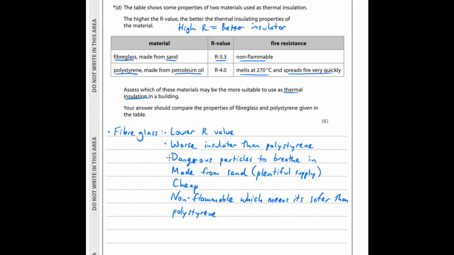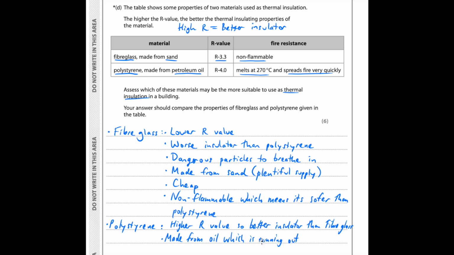So 1, 2, 3, 4, 5, 6, 7. So we've said 6 things. Now let's say some stuff about polystyrene just in case. So it's got a higher R value, so it's a better insulator than fiberglass. Now it's made from petroleum oil, so it's made from oil which is running out.